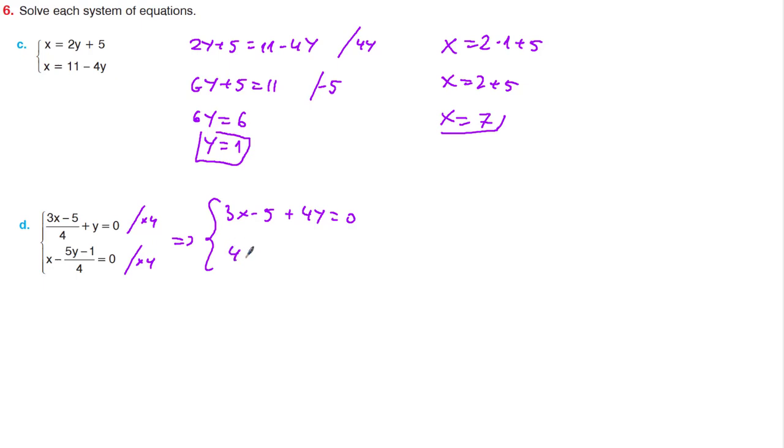And here 4x minus 5y plus minus 1 is equal to 0. All right, we can express it 3x plus 4y is equal to 5, and 4x minus 5y is equal to negative 1.